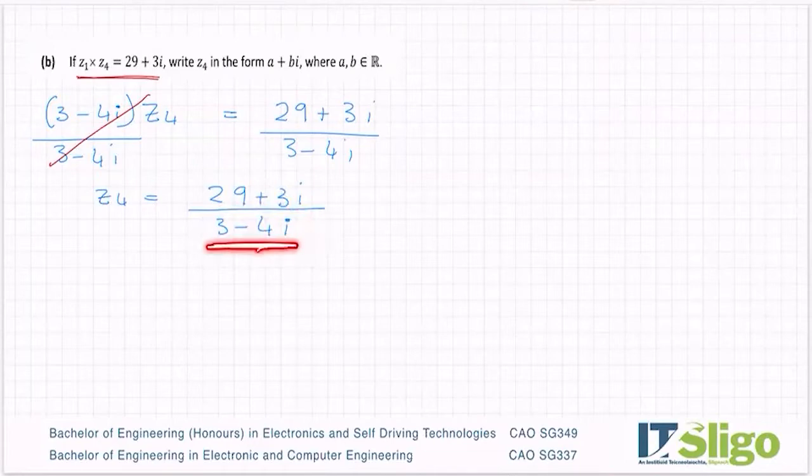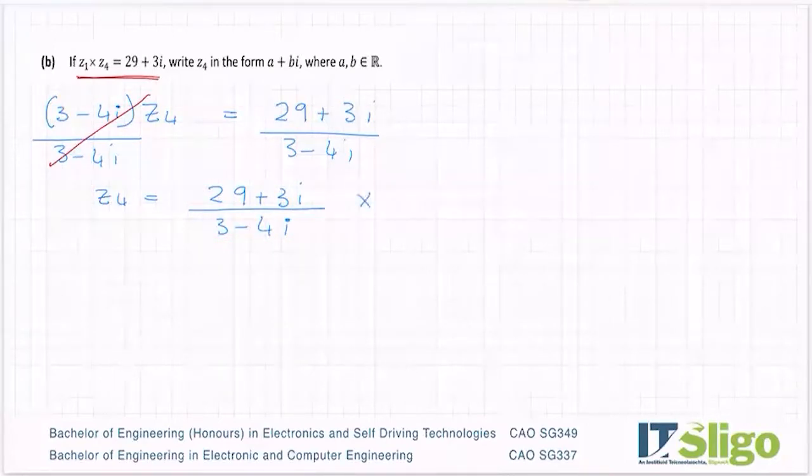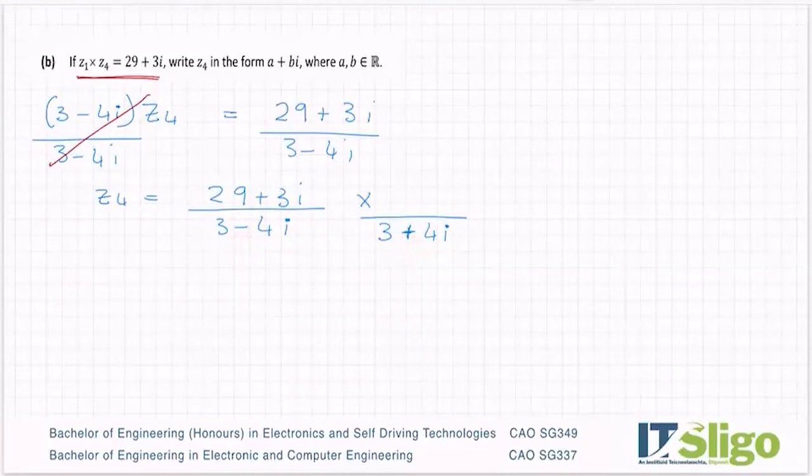So I have to play some trickery to force the bottom to be not an imaginary number. How do I do that? Well, you multiply by what's called the conjugate of the bottom. That means I change the sign in the middle. Everything else is the exact same. I didn't change the sign of the real part, look at that. I just change the sign of the imaginary bit in the middle.